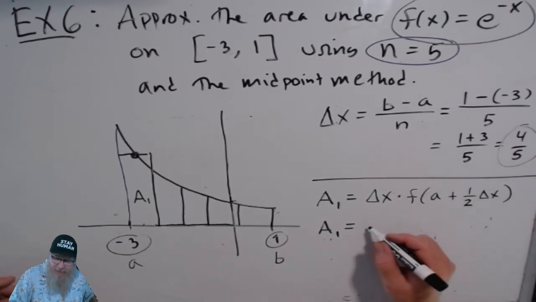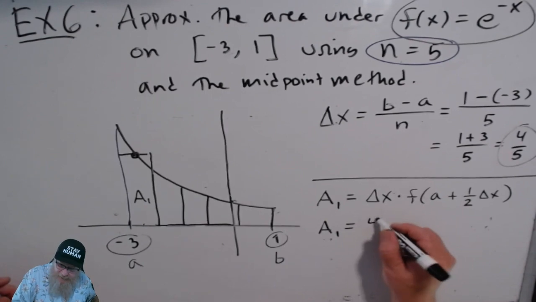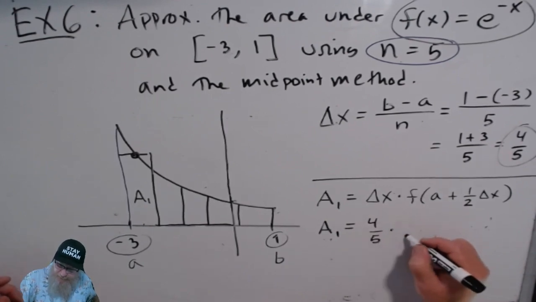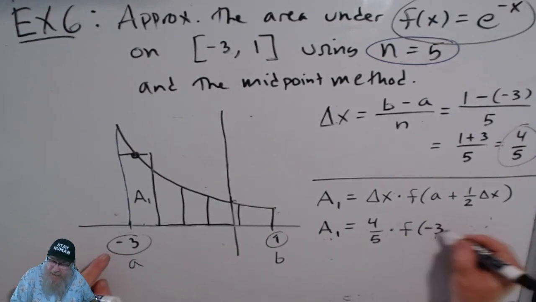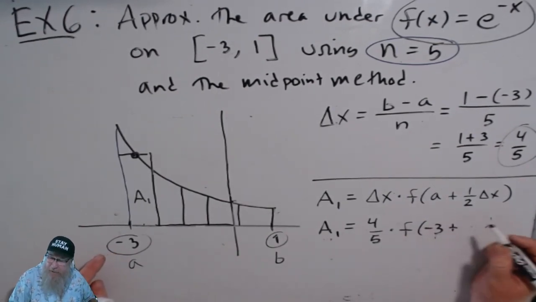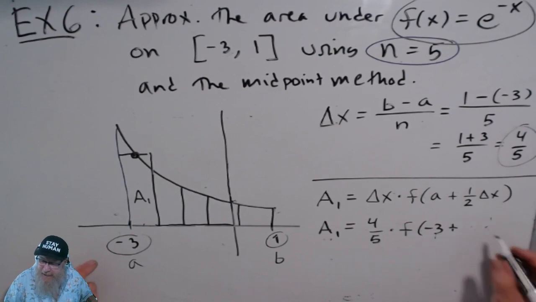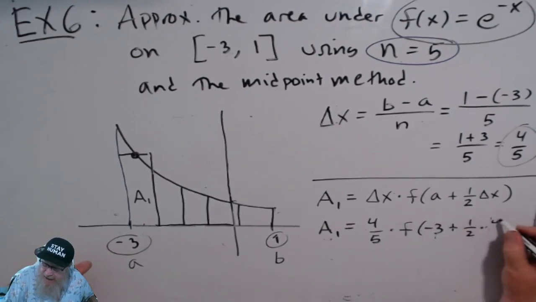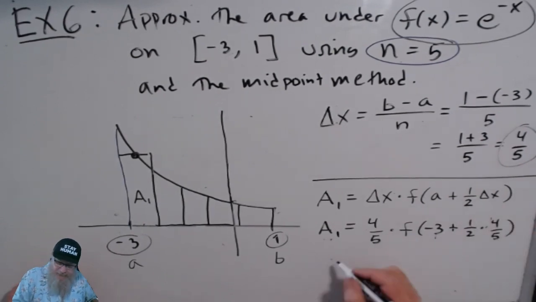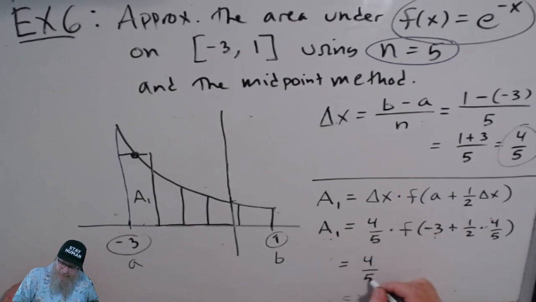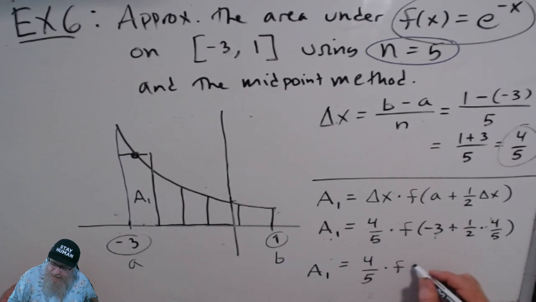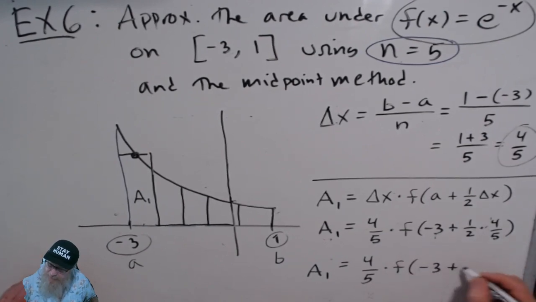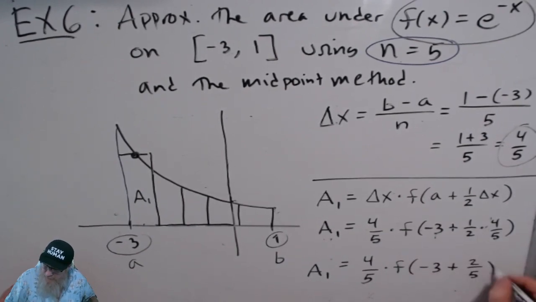All right, so delta x is 4/5. F of A is -3 plus 1/2 of delta x. So 1/2 of 4/5. So our A1 will be 4/5 times f of negative 3 plus 2/5.